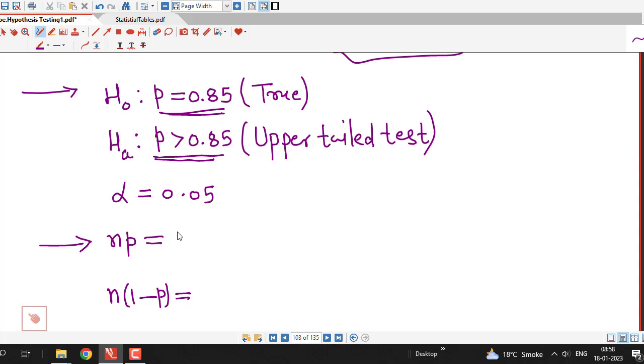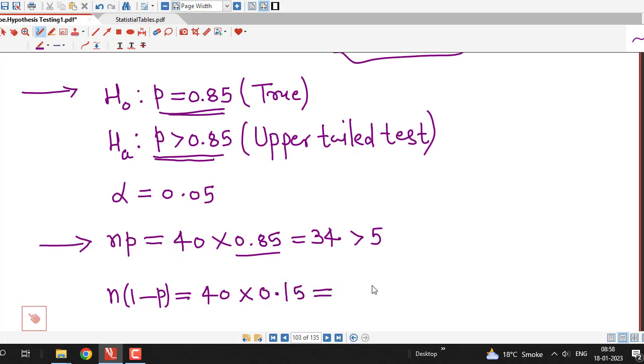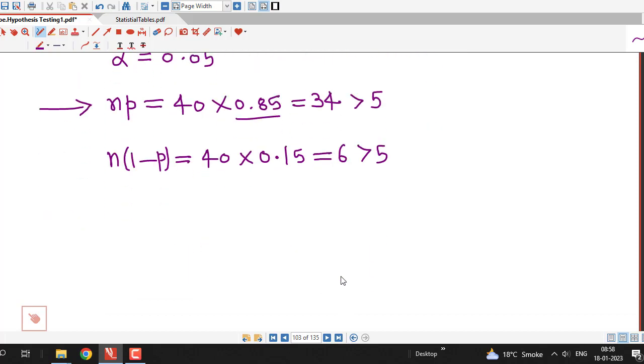N times p, with n equal to 40 and population proportion 0.85, is 34, obviously greater than 5. N times 1 minus p, that is 40 times 0.15, becomes 6. So both are greater than 5.